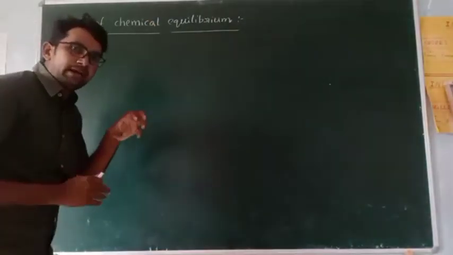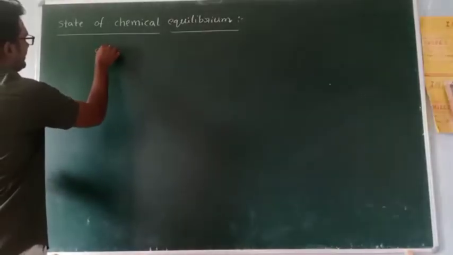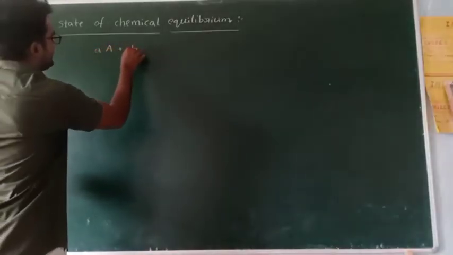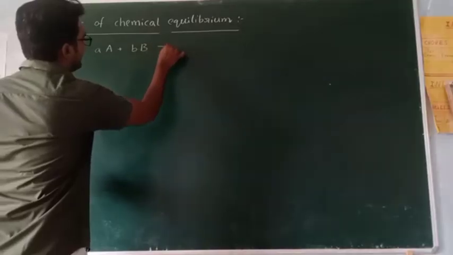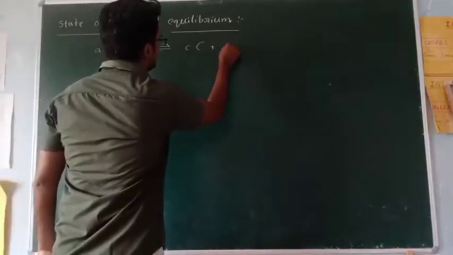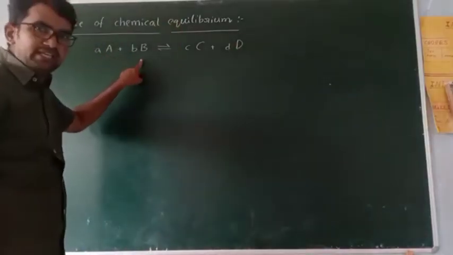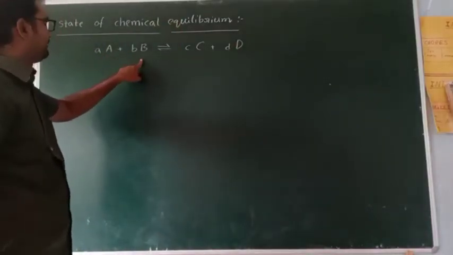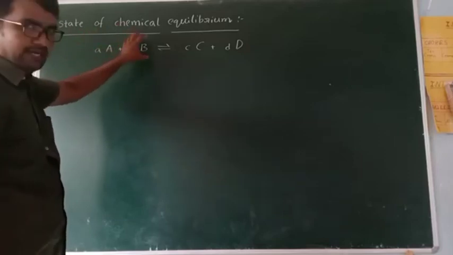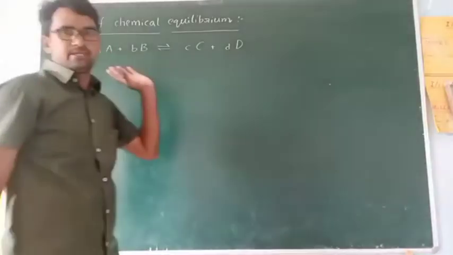Just take a chemical equilibrium reaction: aA + bB gives rise to cC + dD. Here A and B are the reactants, and they react to give C and D, which are the products.